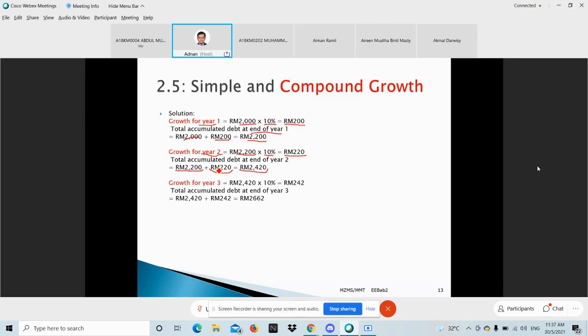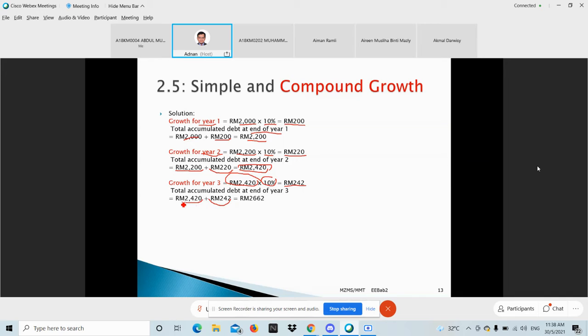Akhir tahun ketiga, okay, kita dah ada hutang banyak ni, 2,420, 10% growth, you're going to have the interest for that year adalah 242. Okay, this is 242.